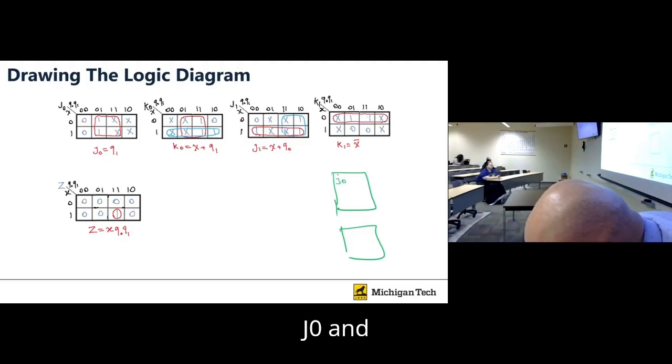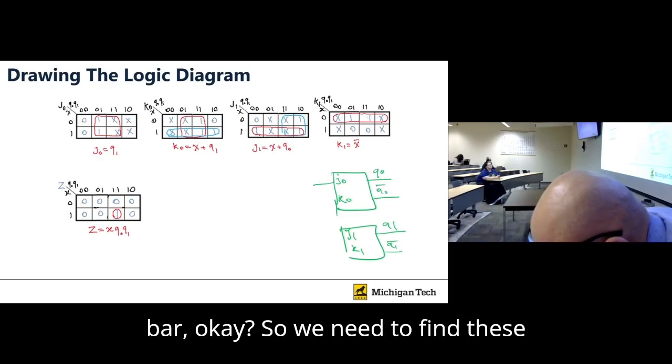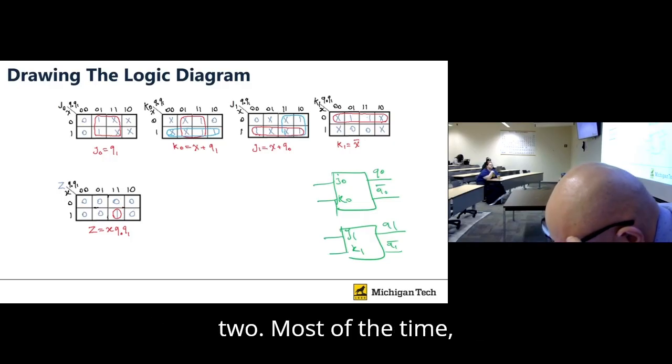So it's J0 and K0. This is Q0, J1 and K1, and Q1 bar, Q0 bar. Okay, so we need to find these 2.